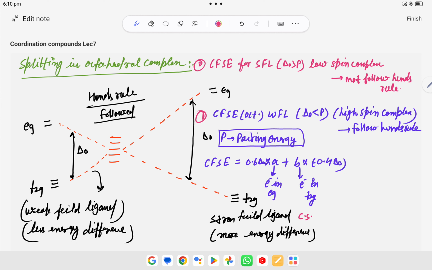Crystal field splitting energy is equal to minus 0.4 into N T2G, meaning electrons in T2G, plus 0.6 into N EG, plus pairing energy, and outside of the bracket delta naught.